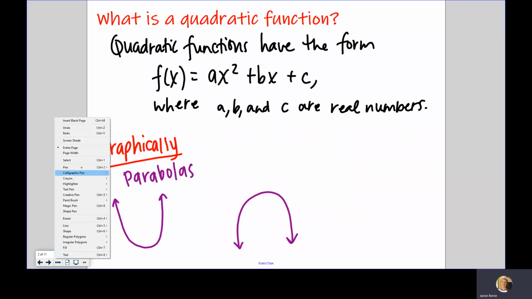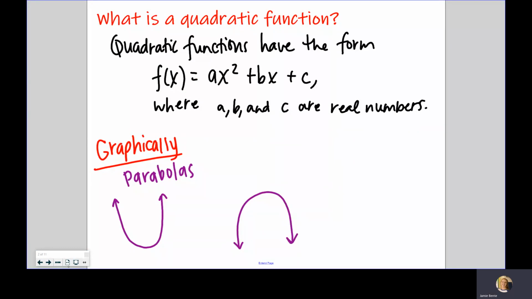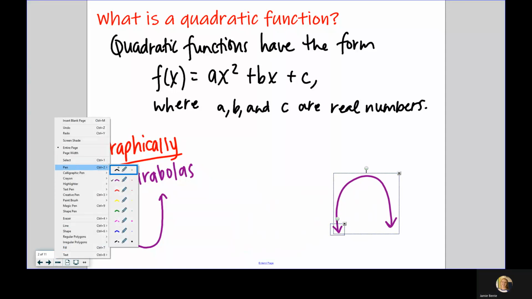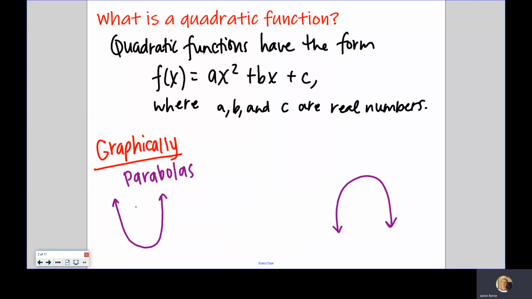Let's talk a little bit more about that. The first thing I wanted to identify for you is that there's a special point on this parabola here, which is concave up. The special point is down here at the very bottom. It's called the vertex. The vertex is very important.